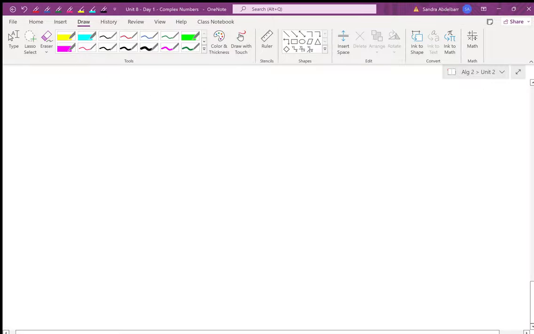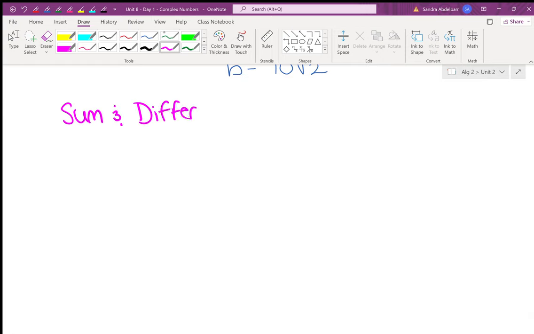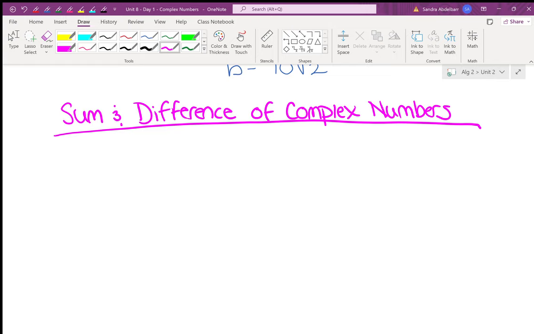All right, let's talk about sum and difference of complex numbers. So if I have 8 minus 9i plus 6 minus 4i, same rules we follow for variables.